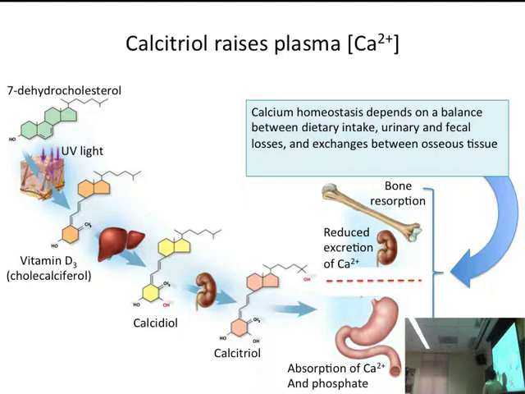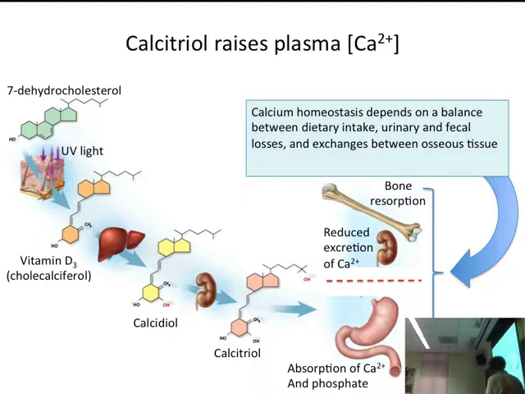The specifics of all that are not important. And then calcitriol has its effect on the intestines. It increases the absorption of calcium along with parathyroid hormone in the intestines.